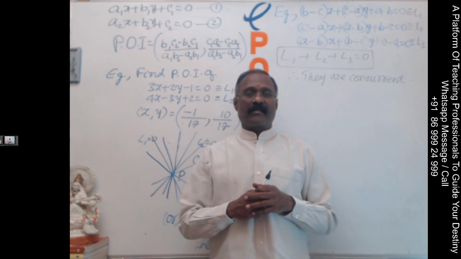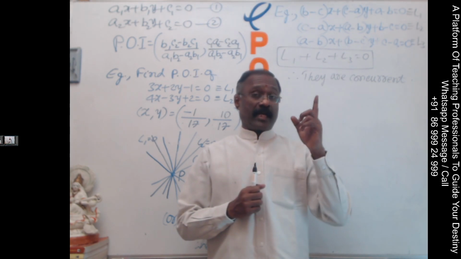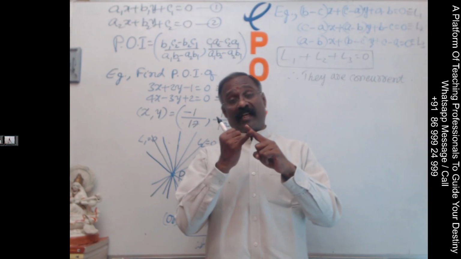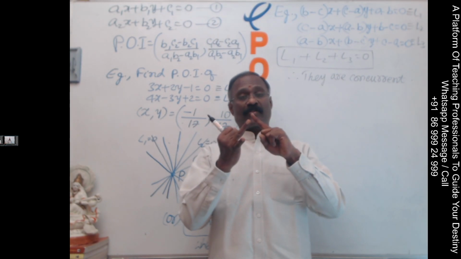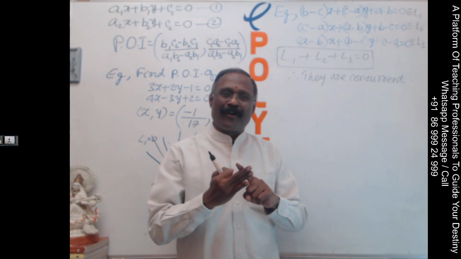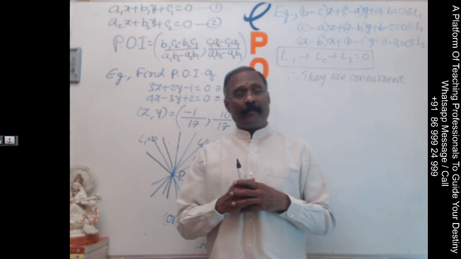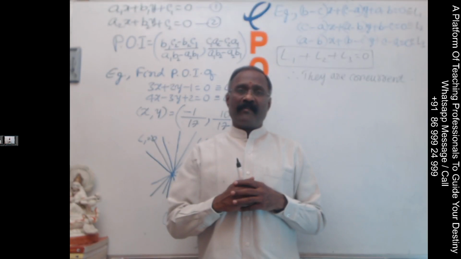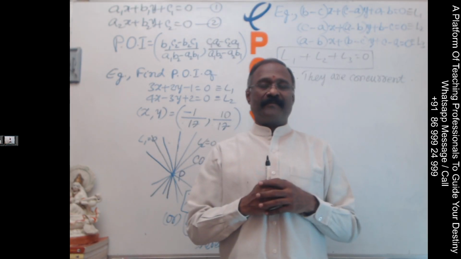That is a centroid. Orthocenter, that is why I said it is to be solved using straight lines. Circumcenter, likewise. And incenter, of course, you have the formula: (a x1 plus b x2 plus c x3) by (a plus b plus c), and (a y1 plus b y2 plus c y3) by (a plus b plus c) for incenter.